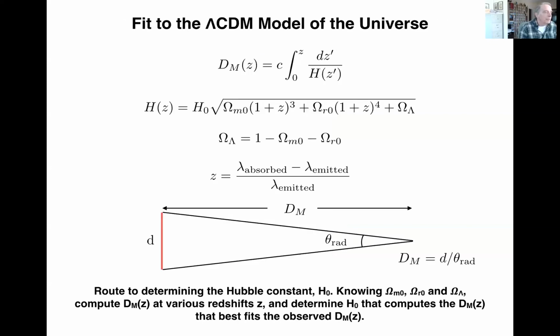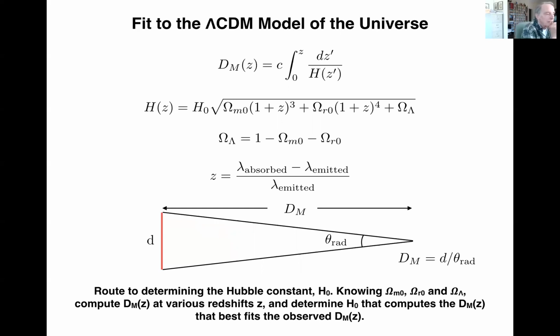Anyway, here's some formulas. I don't want to scare anybody, but I just want to point out several things. Knowing omega m, which is the matter content of the universe, the cold dark matter plus baryons, and knowing omega r, which is the radiation content of the universe, which is not very important now, it's been diluted out, and the dark energy, which is the omega, I'm looking at the second formula.